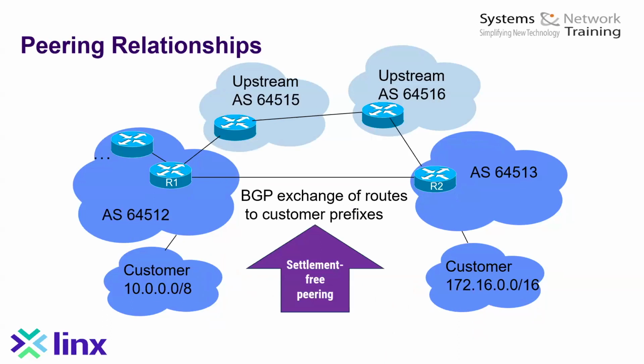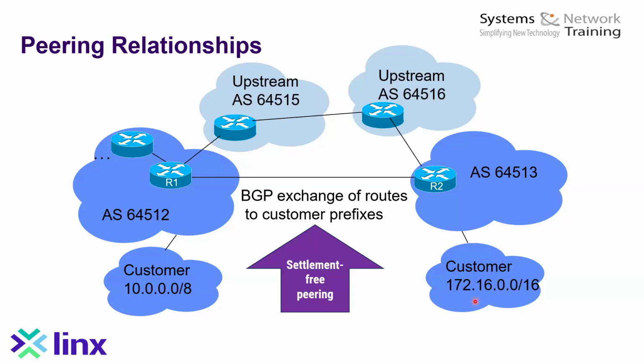Now, an explanation of what we mean in a commercial sense by the peering relationship is what we can see here. So in a peering relationship, ISPs exchange routing information and network traffic for the purpose of providing access to each other's customers.